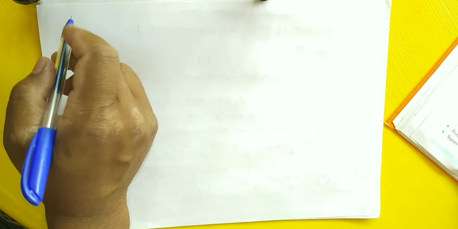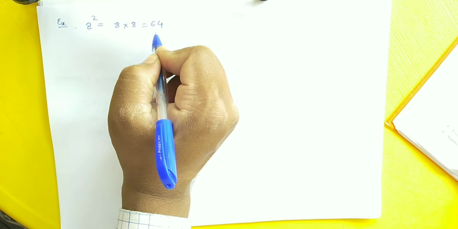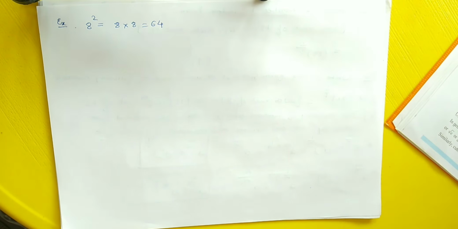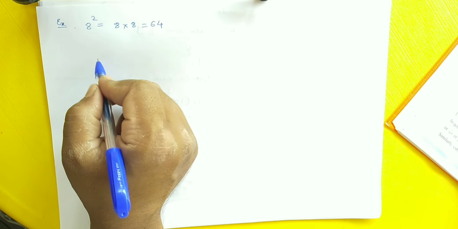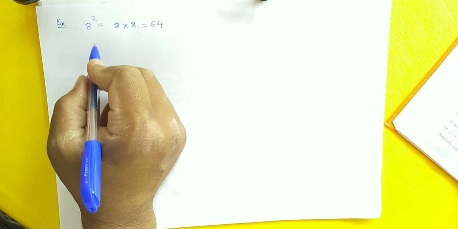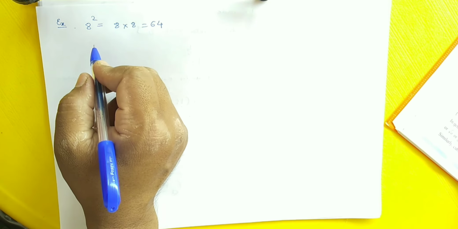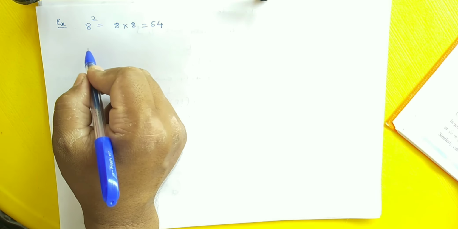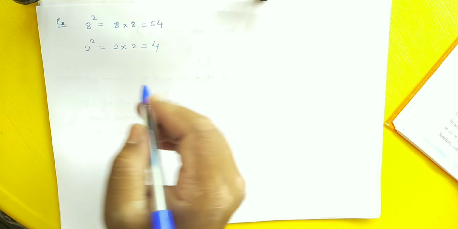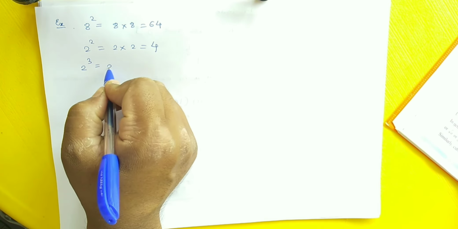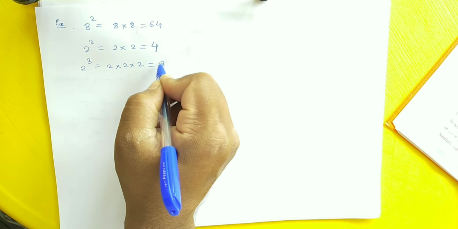For that, let us consider one example. We know that 8 square means 8 into 8, which is equal to 64. The square of 8 is 64. The cube of 2 square is 2 into 2, which is equal to 4. 2 cube, that is multiplication of 2 three times, becomes 8.